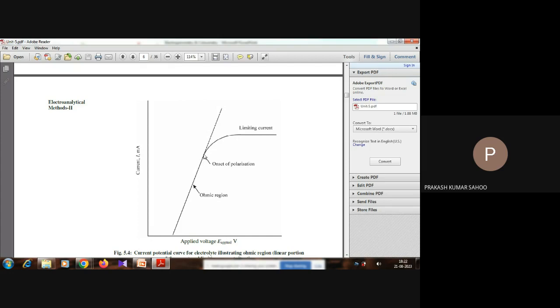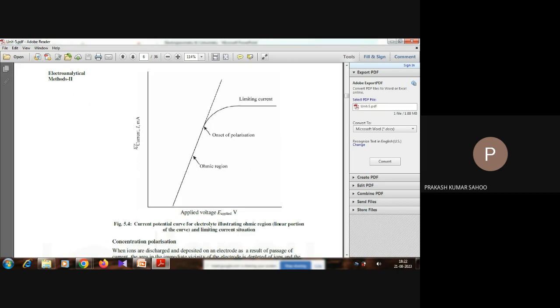This point of deviation is known as the onset of polarization. The difference between the linearity and the limiting current is known as the over voltage. And this is just a plot between current in milliampere versus applied voltage V.